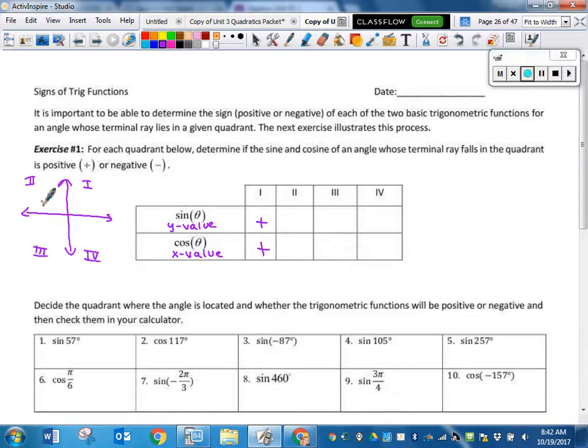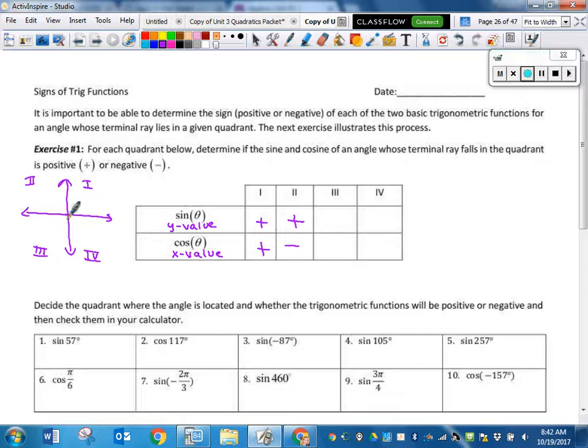In quadrant 2, what happens? When I plot a point in quadrant 2, I go left first, so my x value has to be negative, left representing negative, and then I go up to get myself into quadrant 2. So left and up gets me into quadrant 2, up being my y value. So sine is positive in quadrant 1, quadrant 2, cosine is positive in 1, but negative in 2.